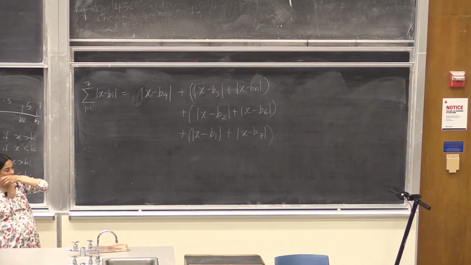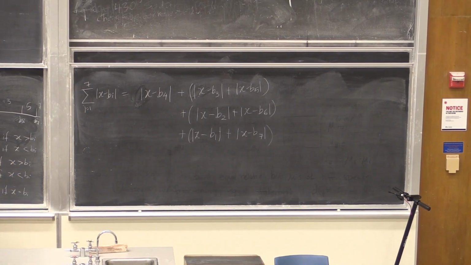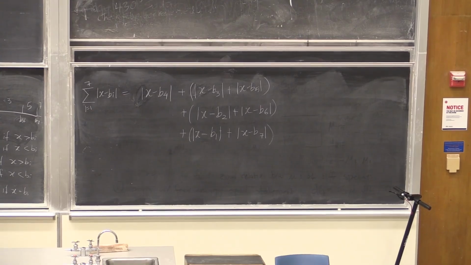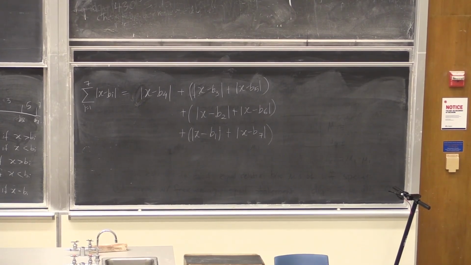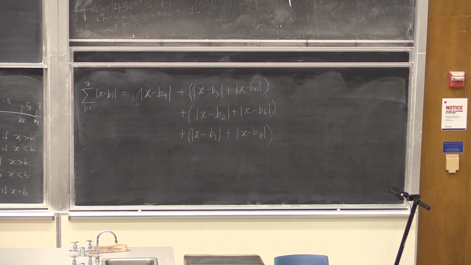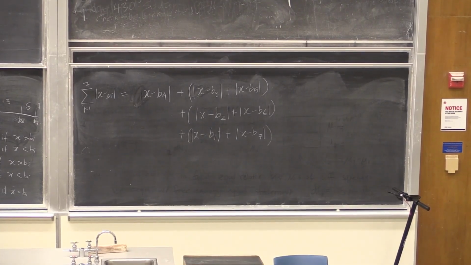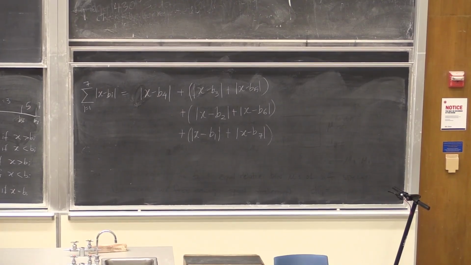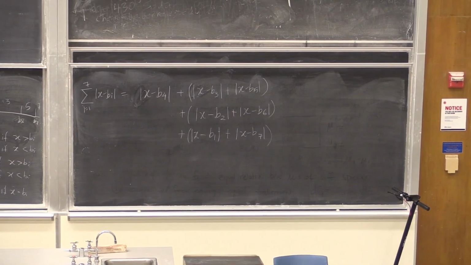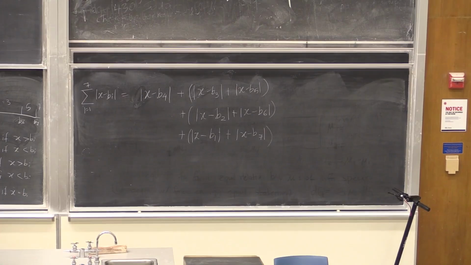So now, which are the points that I'm going to want to consider? Just intuitively, if I was to choose some x over here, is it going to be my minimizer? No, right? I'm going to be doing a lot of double counting. x is not going to be greater than b7.